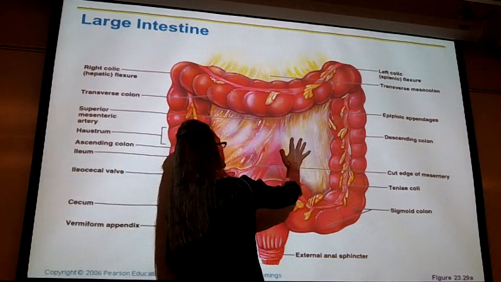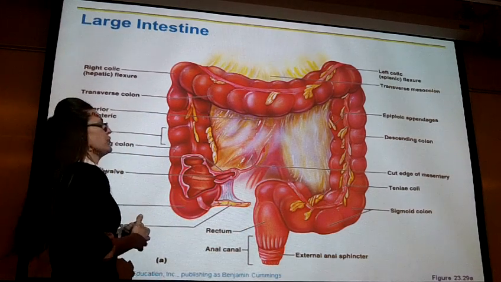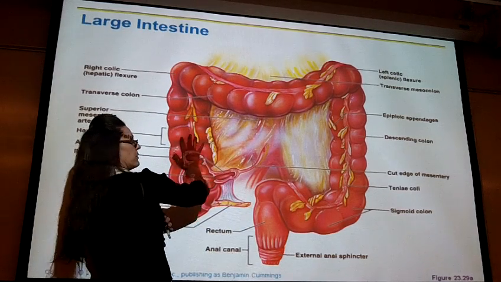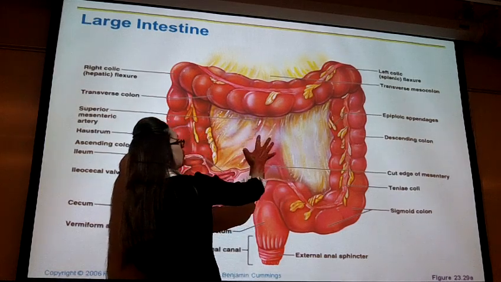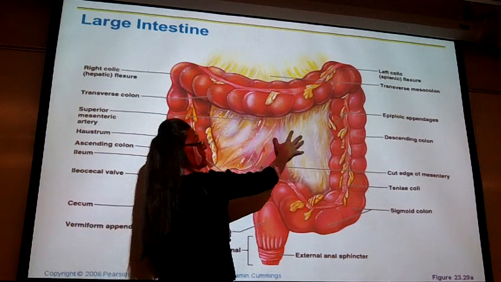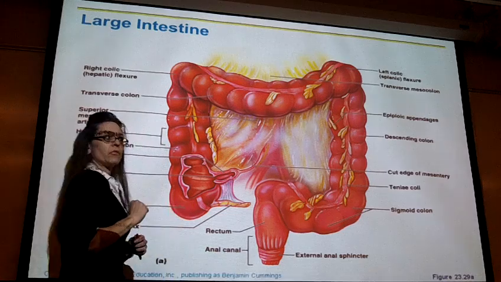Remember that in this mesentery, which is just a double layer of connective tissue, or double layer of peritoneum that's surrounding the organs, you're going to find a lot of blood vessels that are being routed to the various organs. You'll also find a lot of lymphatic tissue in here, and you'll find some nerves running in there as well.